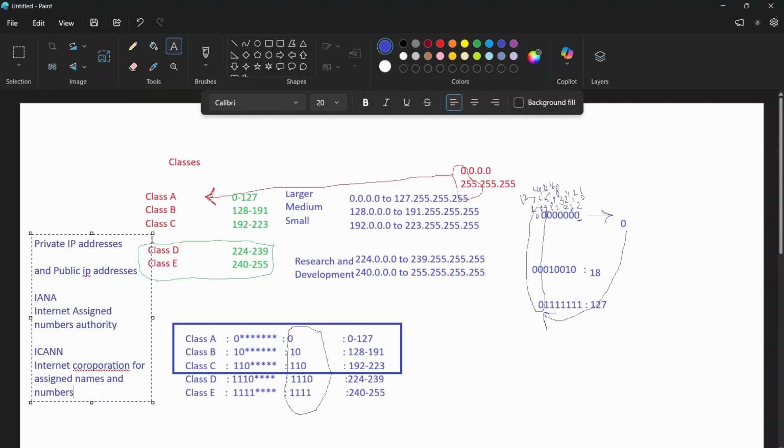So currently it is managed by ICANN. Remember this. So private IP addresses are free IP addresses, we do not need to purchase them from anyone. Public IP addresses we have to purchase from the IANA.